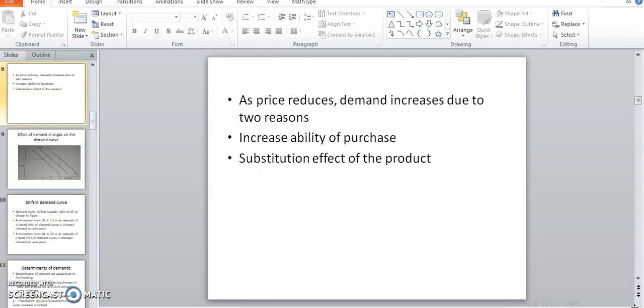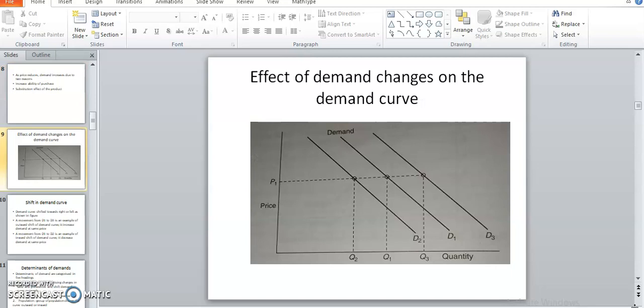This demand curve may be shifted toward the right or toward the left, according to the changing income of the consumer, or maybe the changing price of substitutes.